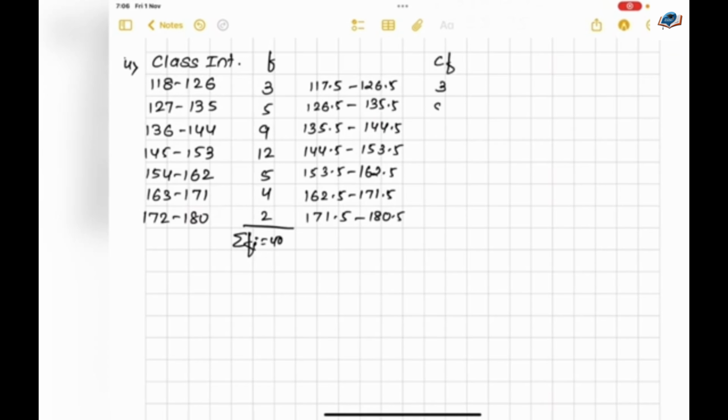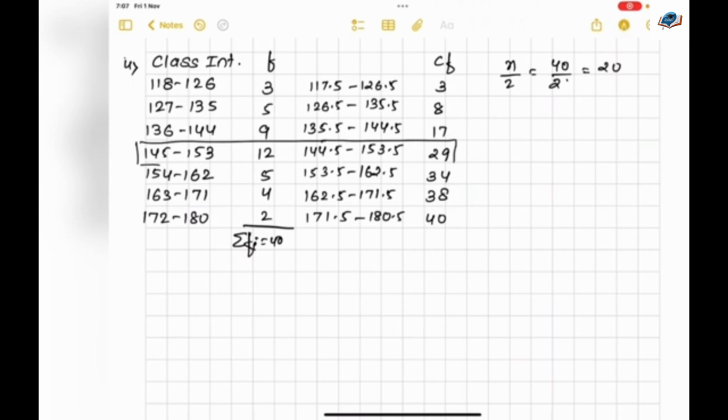So CF also I am finding: 3, 8, 17, 29, 34, 38 and 40. Now n is 40, so n by 2 will be 40 by 2, that is 20th observation. So 20th observation will come in this one after 17.